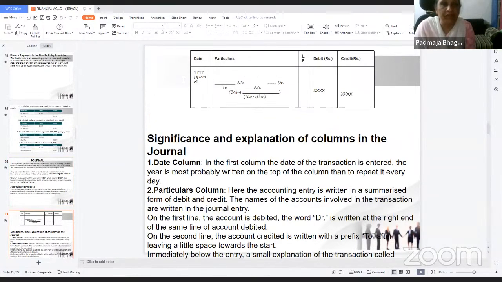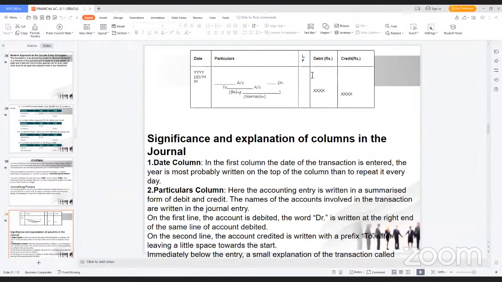See here, this is a proforma for making the journal. So: date, particulars, LF, debit, credit. What is the LF? Can you tell me? Ledger folio.